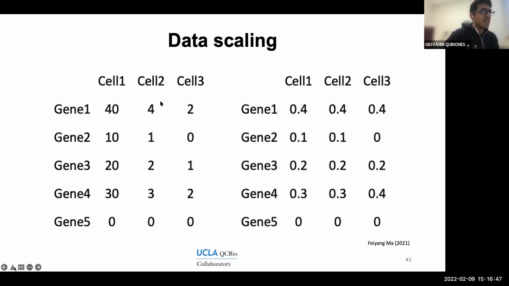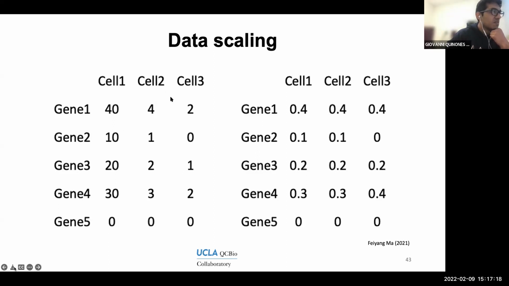When we scale the data, in the first step we're normalizing all the values by dividing by some total. Cell 1, for example, has a total of 100 units, or 100 raw counts, so you divide every value by 100.